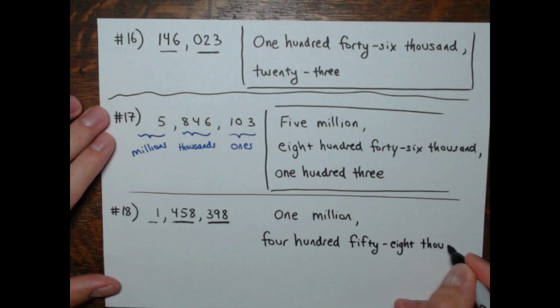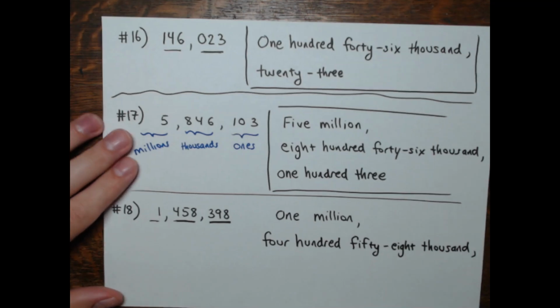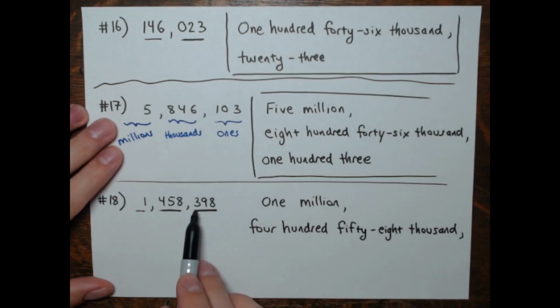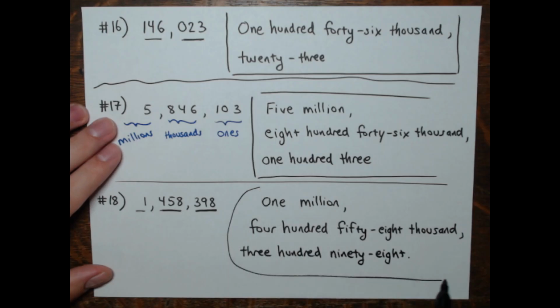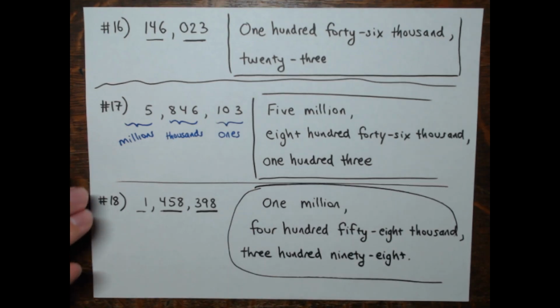So 458,000, comma, and then the ones period, 300, and then 98 with the hyphen. 398. And there you go. That's that number written in words. Wonderful.